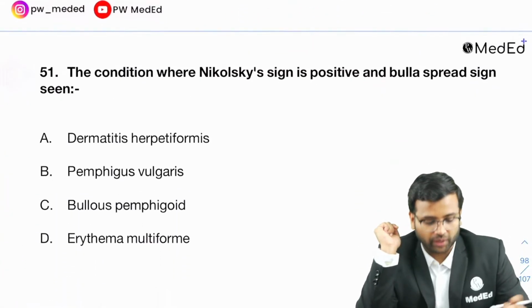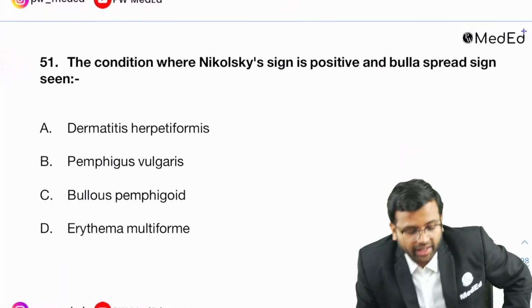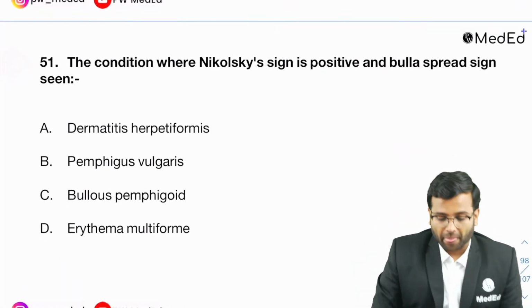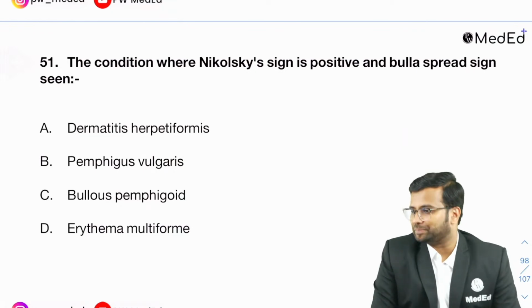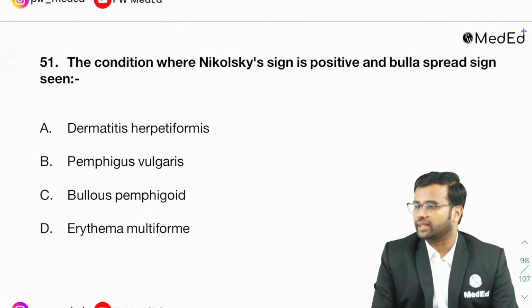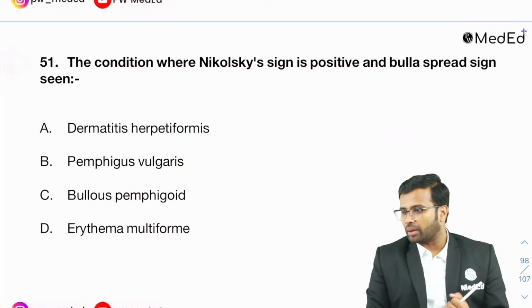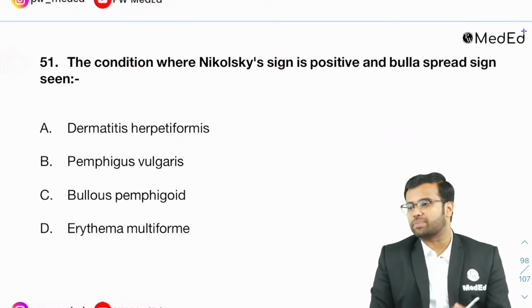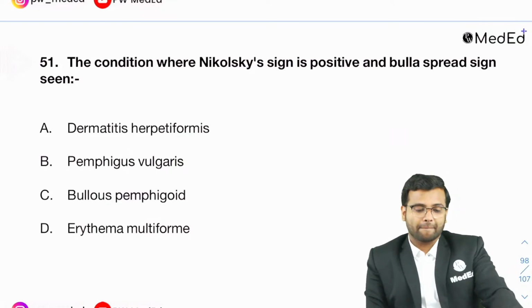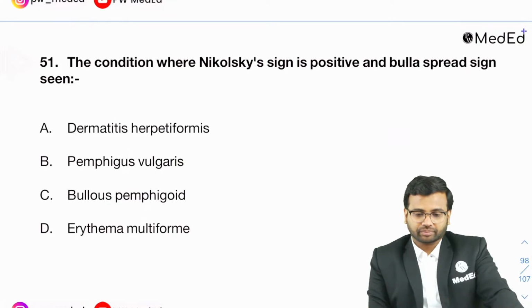So moving to the next one, the condition where Nikolsky sign is positive and Wallah spread sign is seen. Options are dermatitis herpetiformis, pemphigus vulgaris, bullous pemphigoid, and erythema multiforme. So where do you find Nikolsky sign and Wallah spread sign?